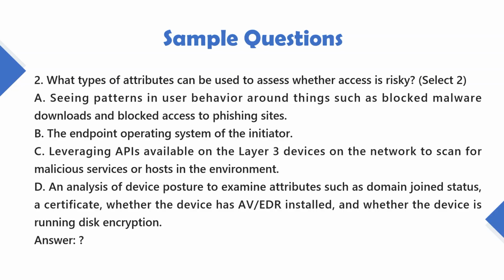C. Leveraging APIs available on the Layer 3 devices on the network to scan for malicious services or hosts in the environment. D. An analysis of device posture to examine attributes such as domain join status, a certificate, whether the device has a VEDR installed, and whether the device is running disk encryption.